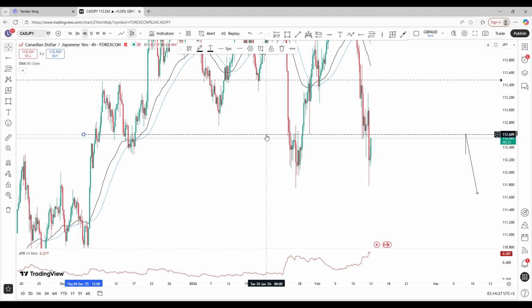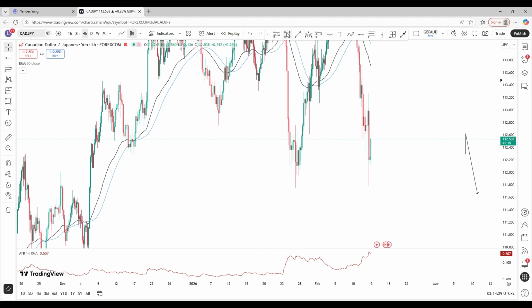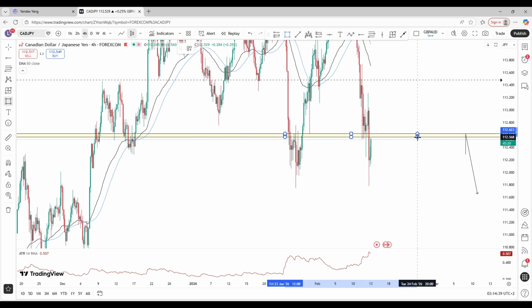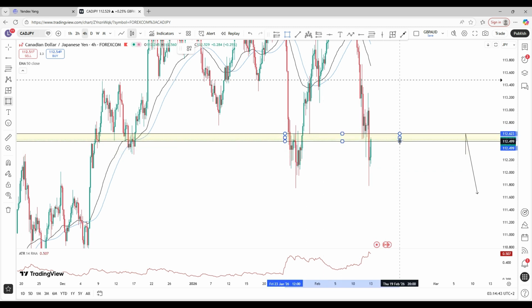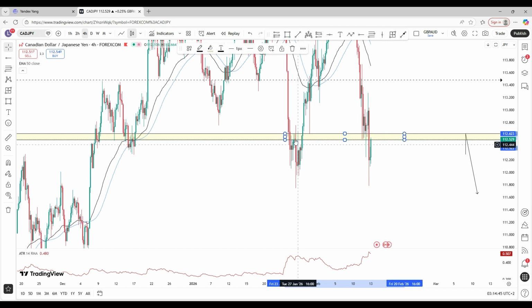Let me just take this off. I'm going to use this recent area to draw my zones, because I believe in this kind of movement that was made when this point was broken a while ago: the market broke, retested it, and then dropped down.